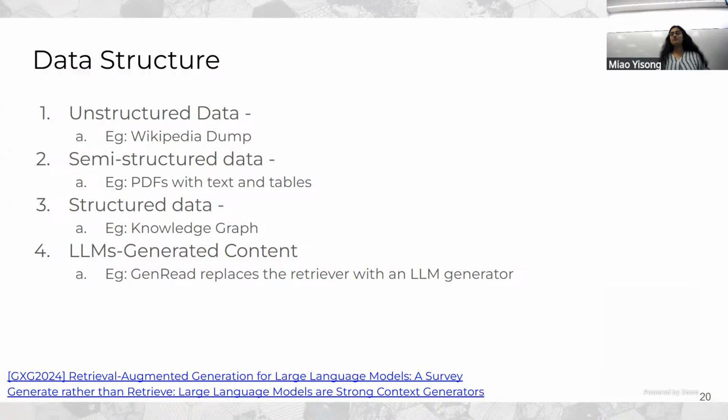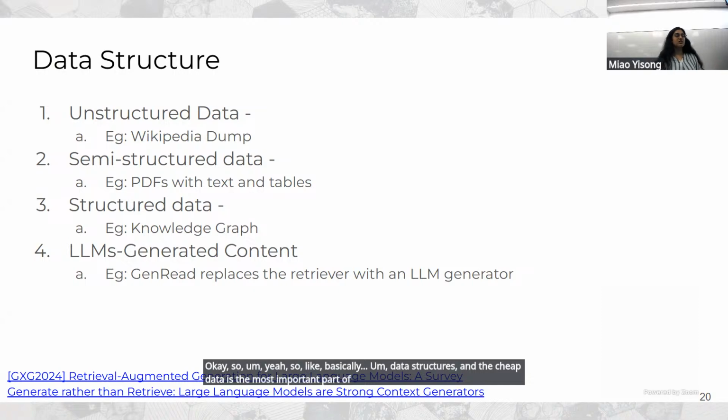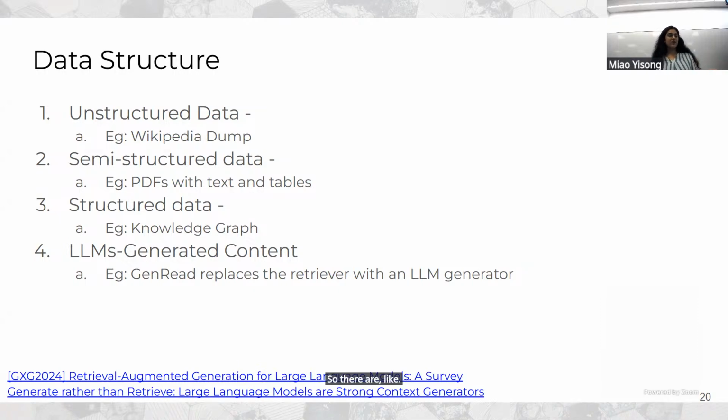Okay, so basically data structures, like retrieving data, is the most important part of retrieval, right? So there are four types of different data structures that we have. The first one is unstructured data. This is the most common data type for RAG that is being used today.